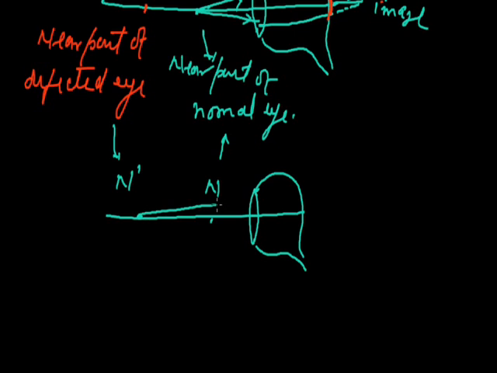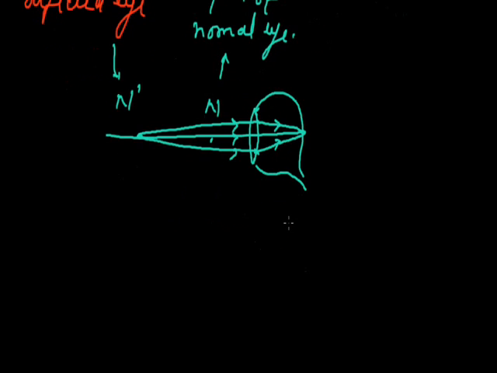Rays from here fall on the eye lens and form the image at the retina. It can see clearly. But if the object is placed between N and N dash, the eye is unable to see the object. It means the range of vision of the defective eye is decreased. It will be from N dash, small d, to infinity.